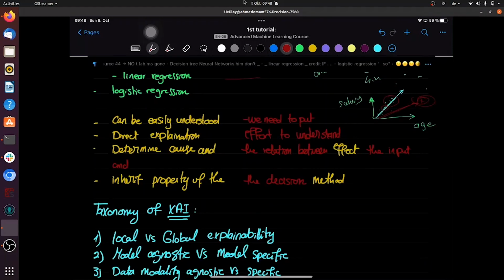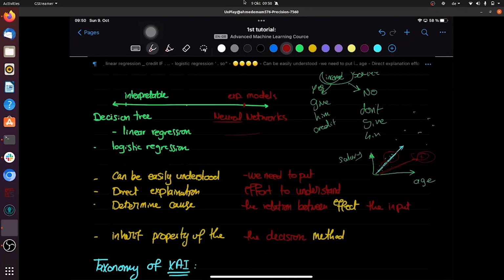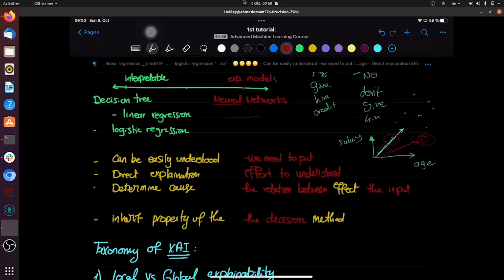So this is a very simple comparison between interpretable and explainable models. On the left-hand side, we can see that interpretable models can be easily understood, and they have direct explanations for their decisions, and we can determine the cause behind the decision which is being taken. Interpretability is also an inherent property of the model.